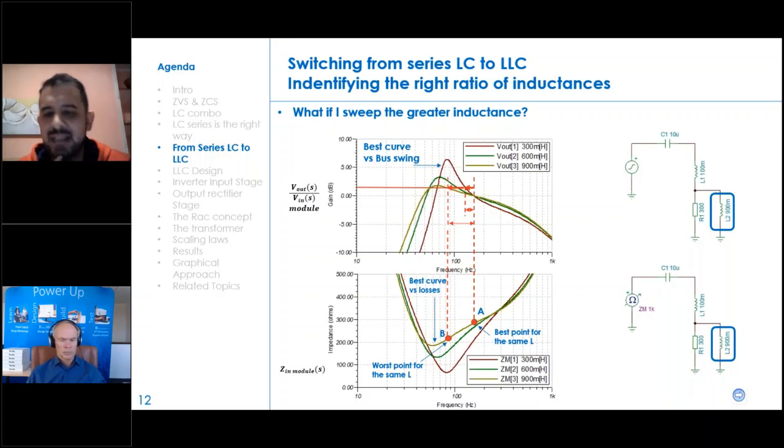But the answer is, as always, it depends, in the sense that if we work in the A point, the impedance is higher than the point B. So the circulating current for sure is lower than the point B. And so even the flux density is lower than the point B. But the frequency in the point A is higher than the point B. So higher switching losses, if any, and the contribution to the core losses is higher because it increases here.